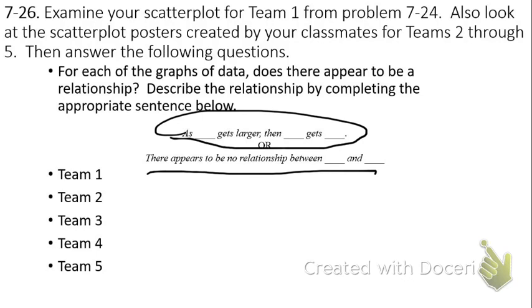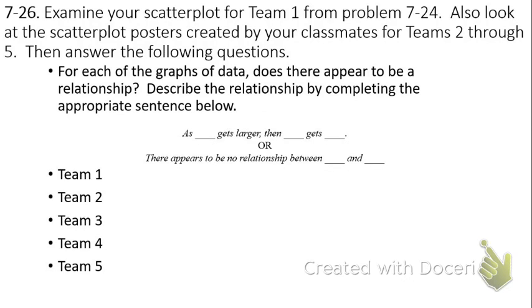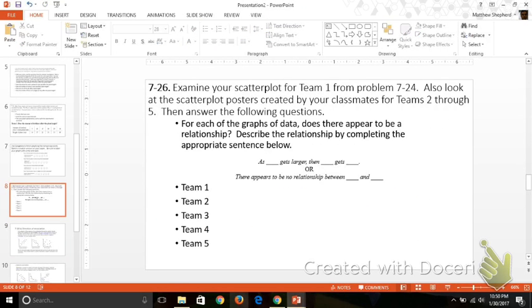Now these are largely going to be the variables of that question. So for 726, you're going to have an answer for Team 1, Team 2, Team 3, Team 4, Team 5. And let's examine each of them individually now, looking at the graphs that you should have on your own paper.